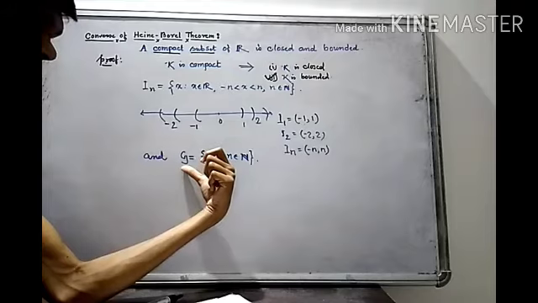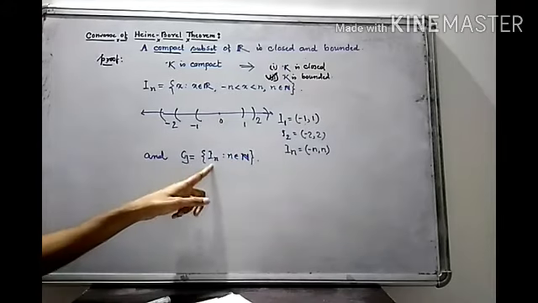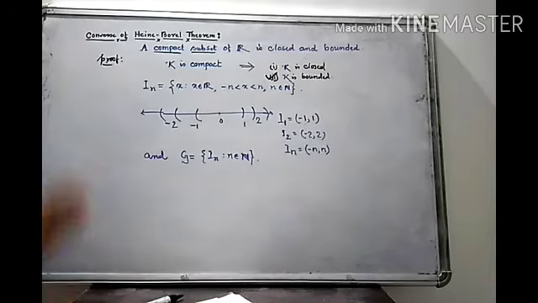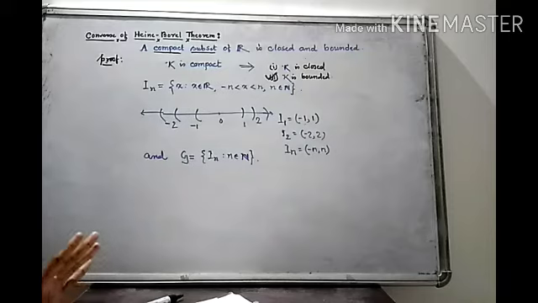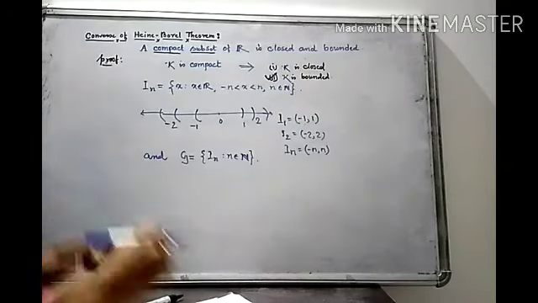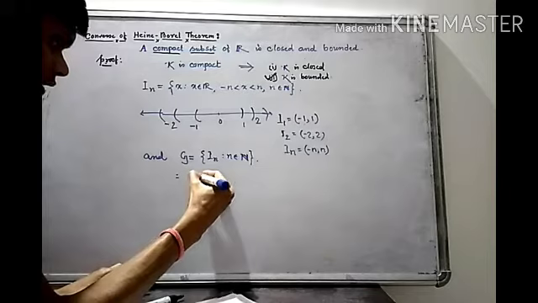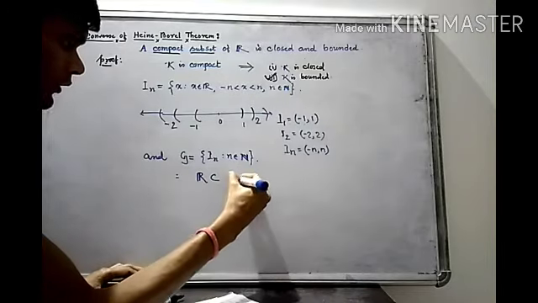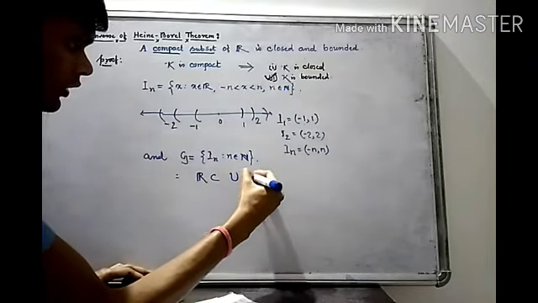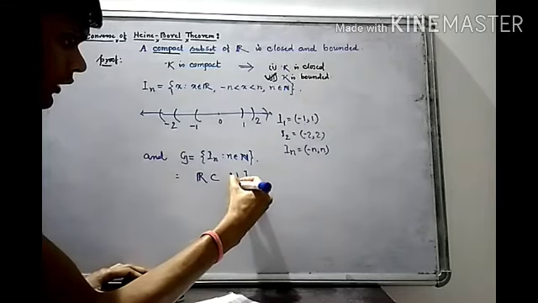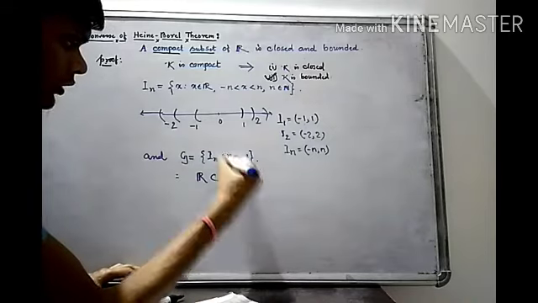and here I am constructing a set of open sets, that is script G. What is script G? Script G is the set of all In, n belongs to the set of natural numbers. Clear? Okay. Then from here it is clear R is a subset of the union of In, n belongs to 1 to infinity.